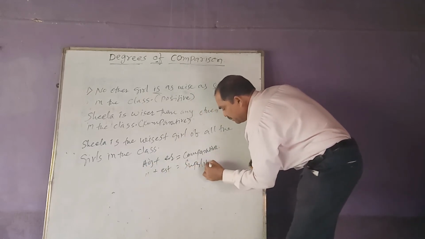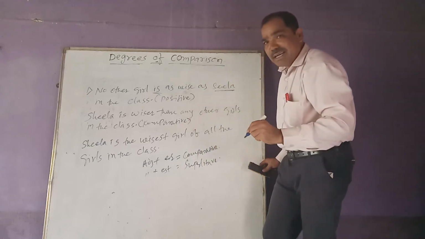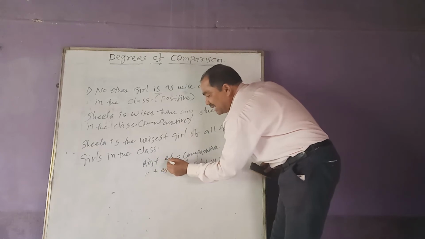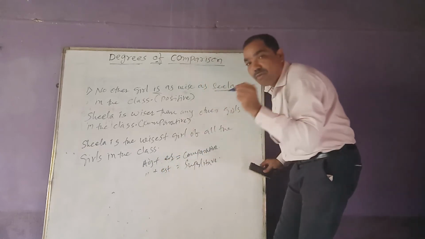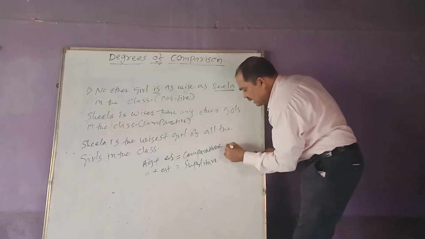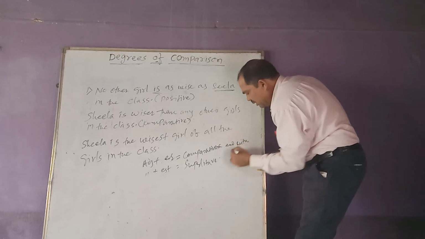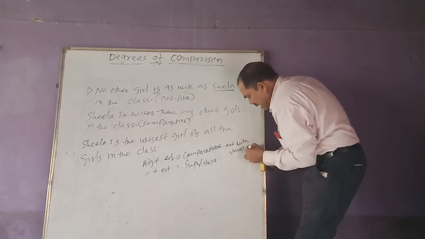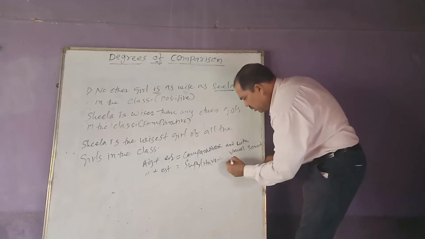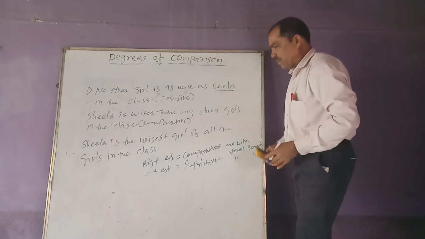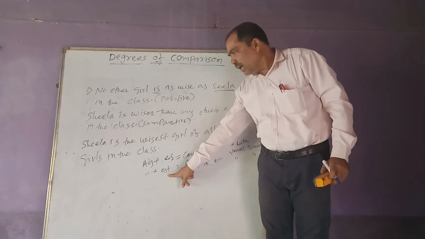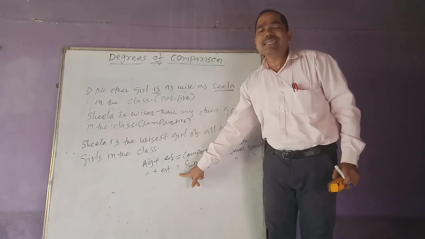Now in the superlative degree, if the adjective ends with a vowel sound, then in comparative we take er, and in superlative we take est.